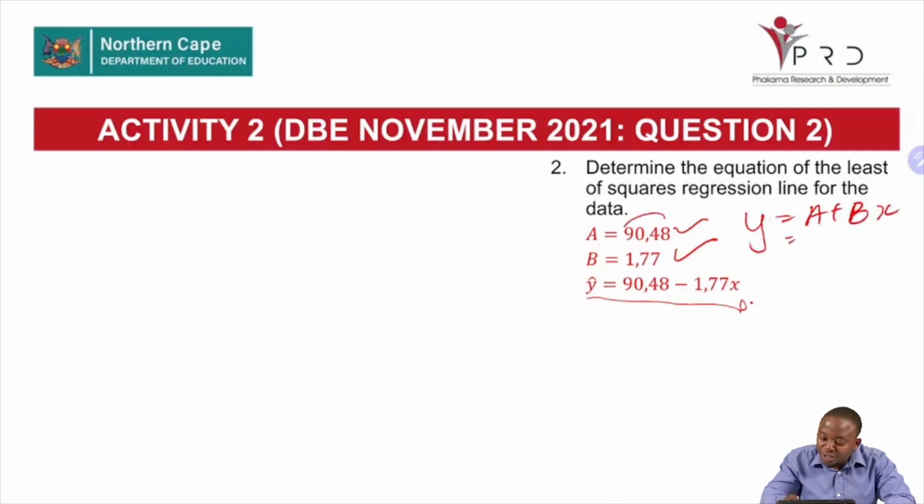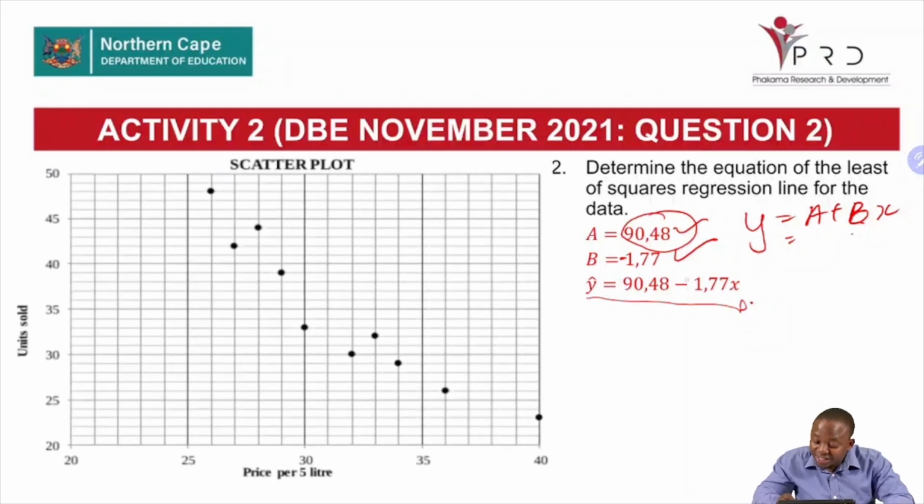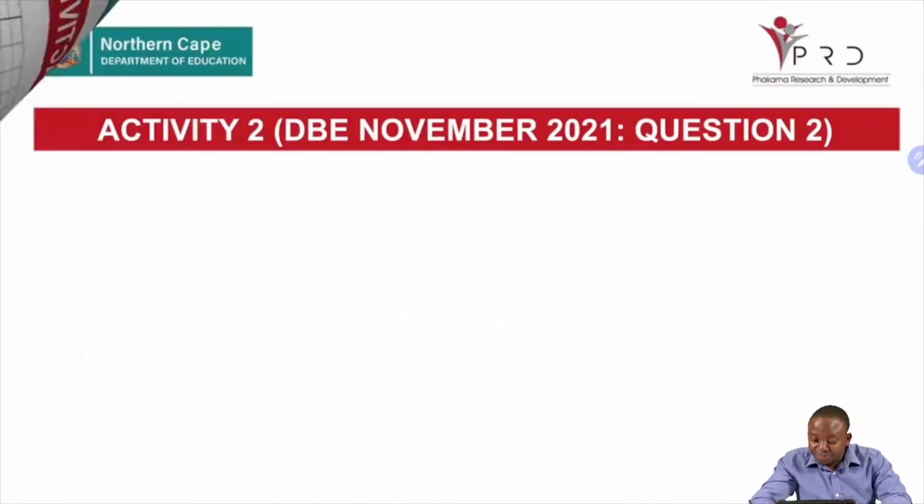Our A was 90,48 and our B was negative 1,77. So Y equals A, which is 90,48, minus 1,77x. You can see B is negative, so already we see this is going to be a decreasing function, because B represents our gradient.